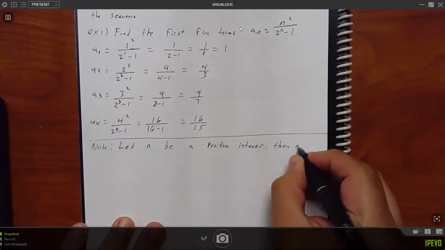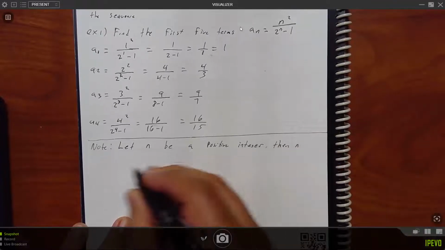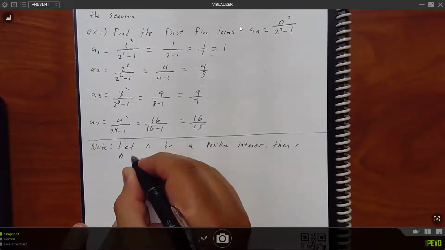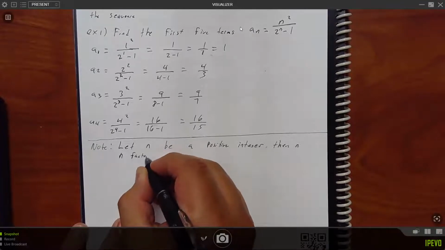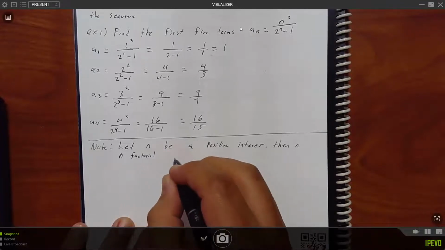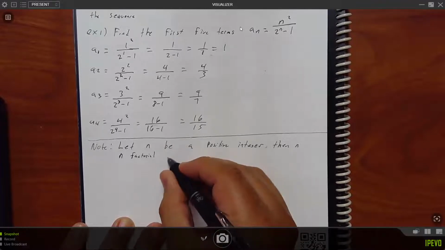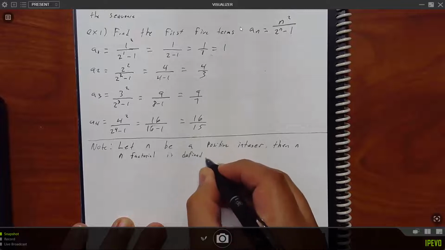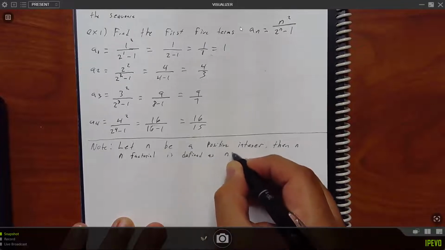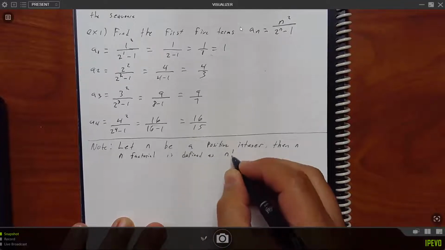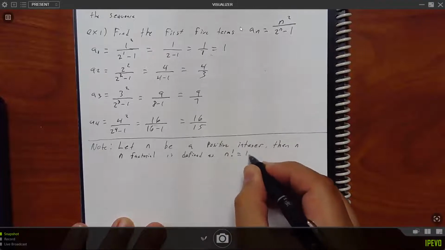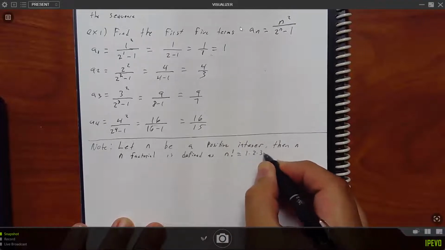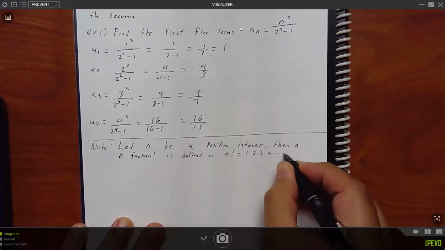Then n factorial is defined as n with the exclamation point. That means factorial. That means you multiply from 1, 2, 3, 4, all the way until you get to the n.